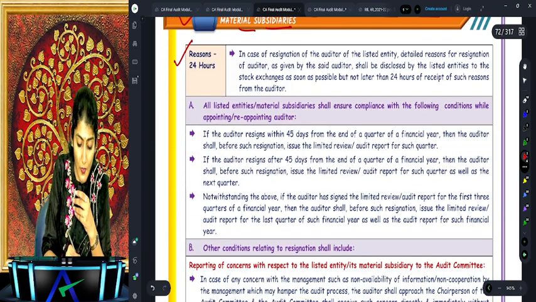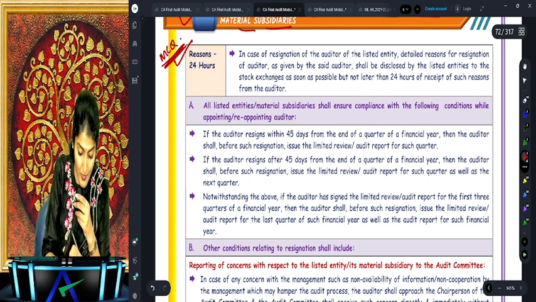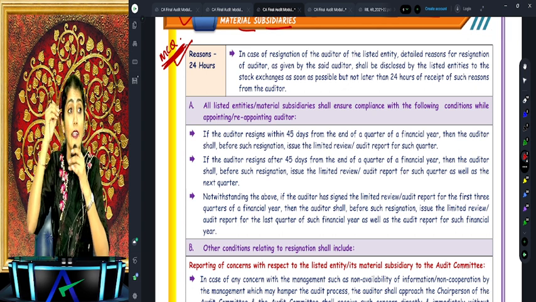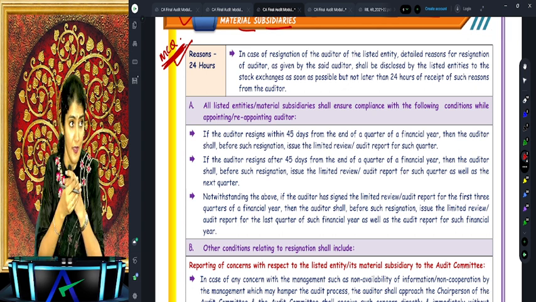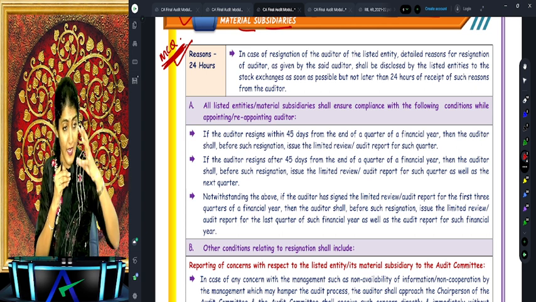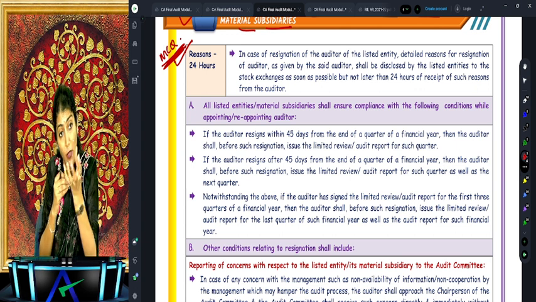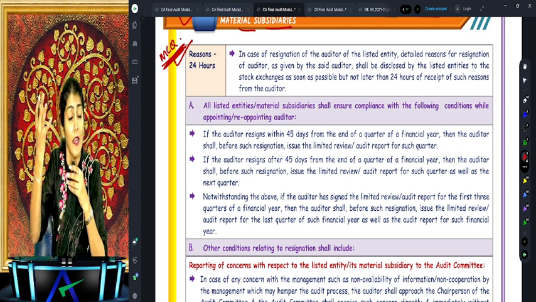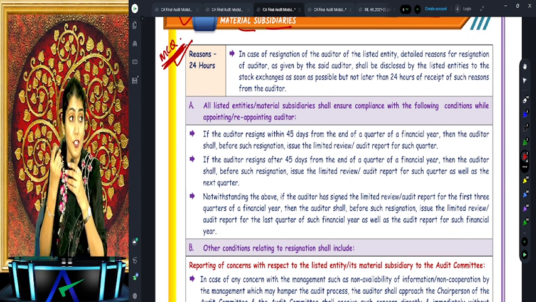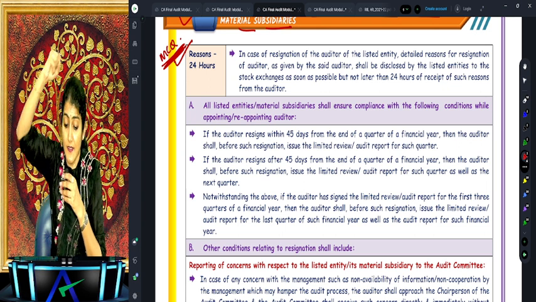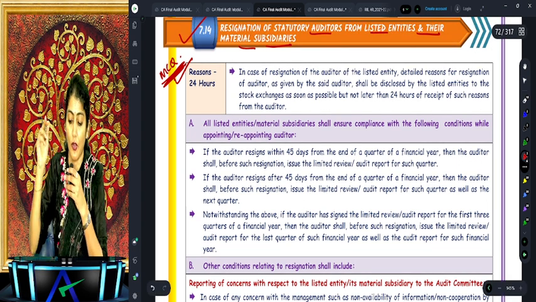In case the auditor, again this has been an MCQ question in your exams, listen to me. Say the auditor of the company resigned today at 10 o'clock in the morning, sending his resignation letter to the company. Now before tomorrow 10 o'clock, that is within 24 hours from the date of receipt of the reasons for the resignation from the auditor, the company has to submit to the stock exchanges the detailed reasons for the resignation of the auditor.